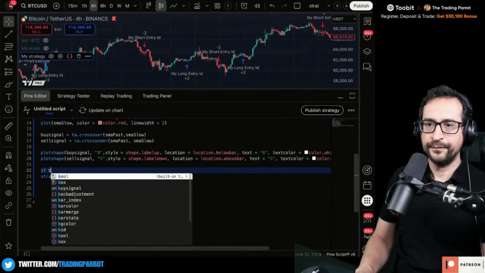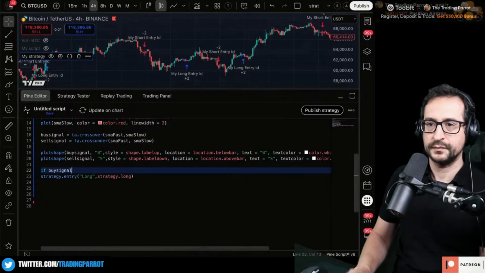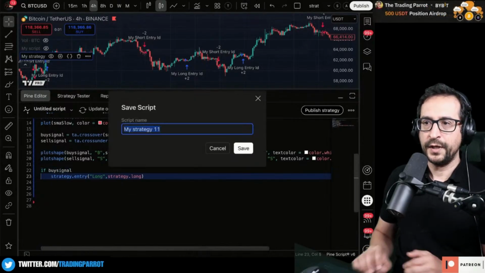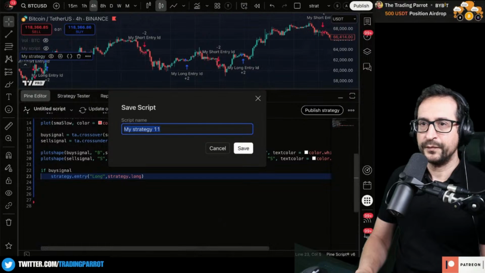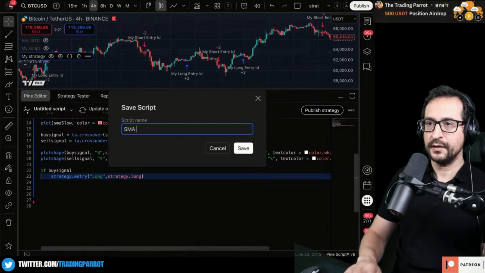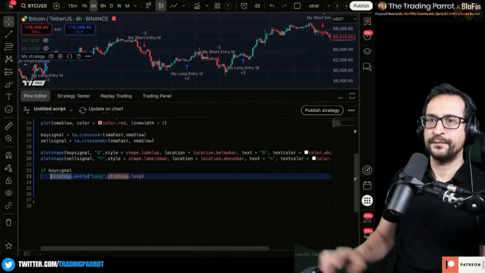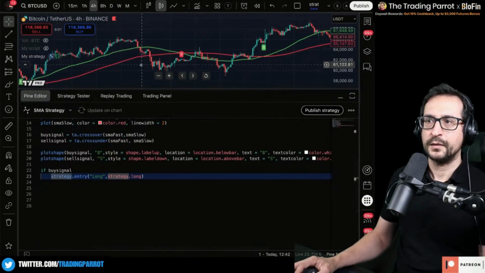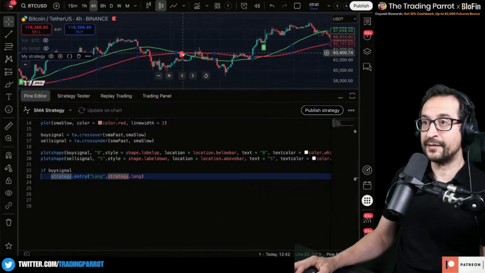So if buy signal, then we enter in a long, and let's call this SMA strategy. Right. You can see that it's already plotting things.